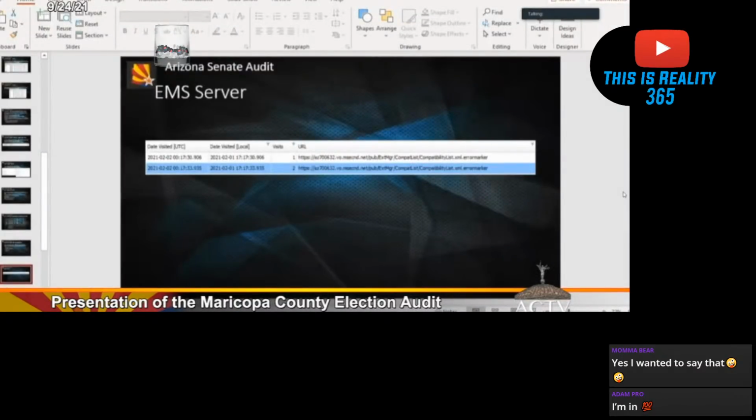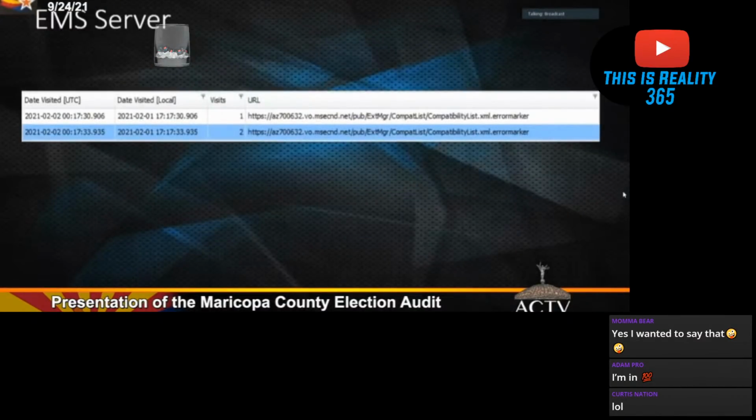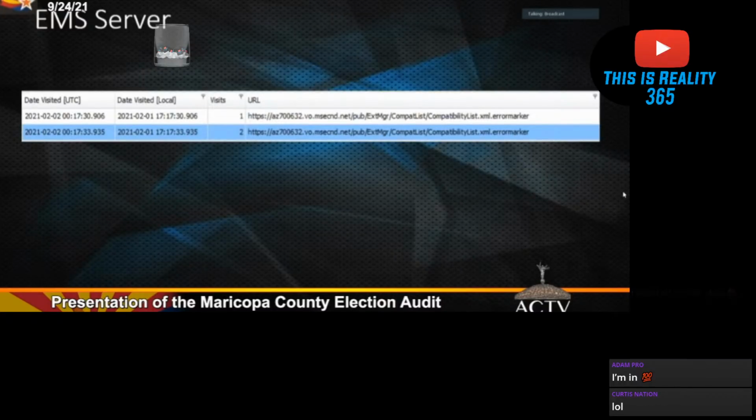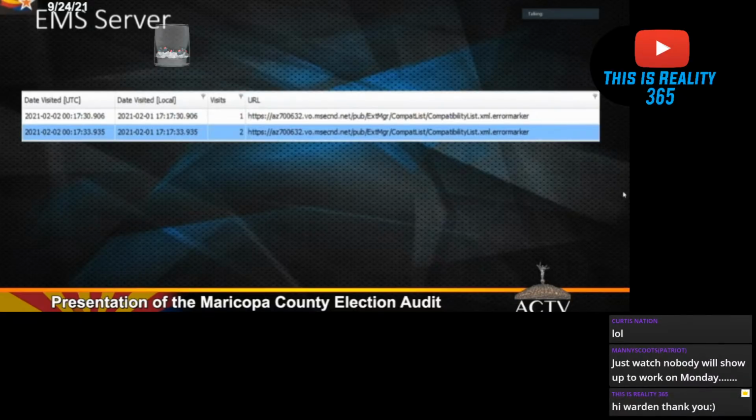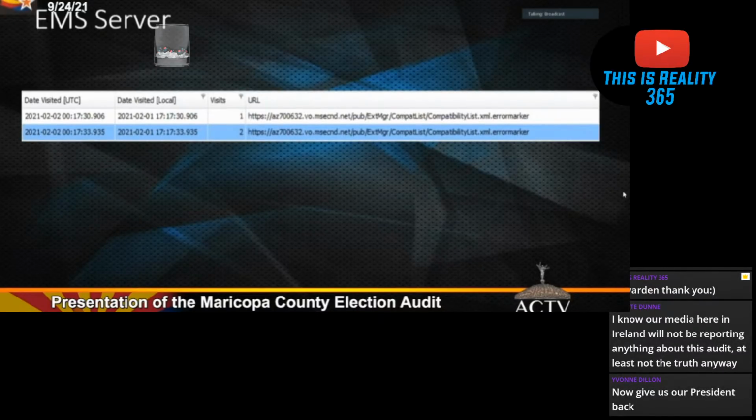Okay, so from the EMS server, you'll see that there's actually 3 visits to the same site on the same day, okay? That clearly is not a private URL or a private IP address. And so what I can tell you is that the EMS server, at least on that date, was connected to the internet, okay?